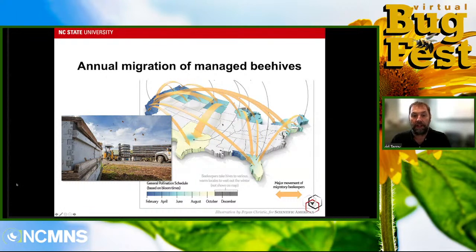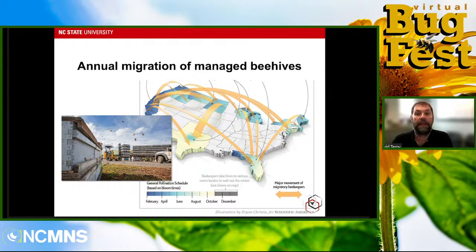There's an annual migration of managed beehives by beekeepers to bring them in and out of the fields and orchards of these bee-dependent crops, temporarily providing that pollination service before they're packed up again and moved somewhere else.